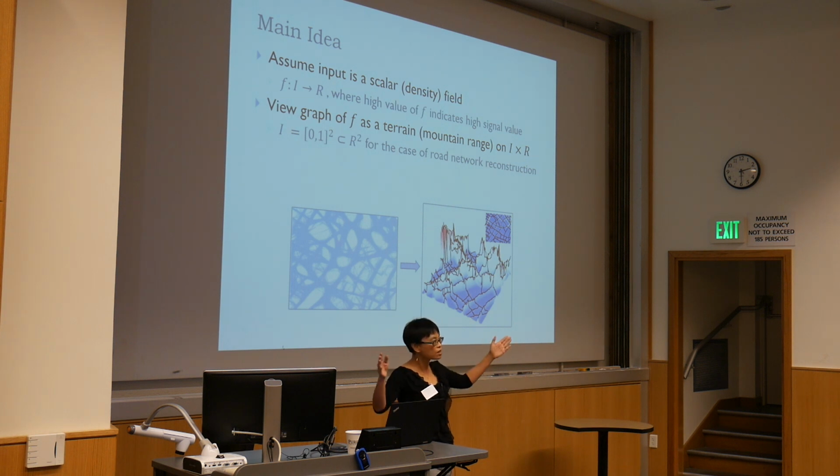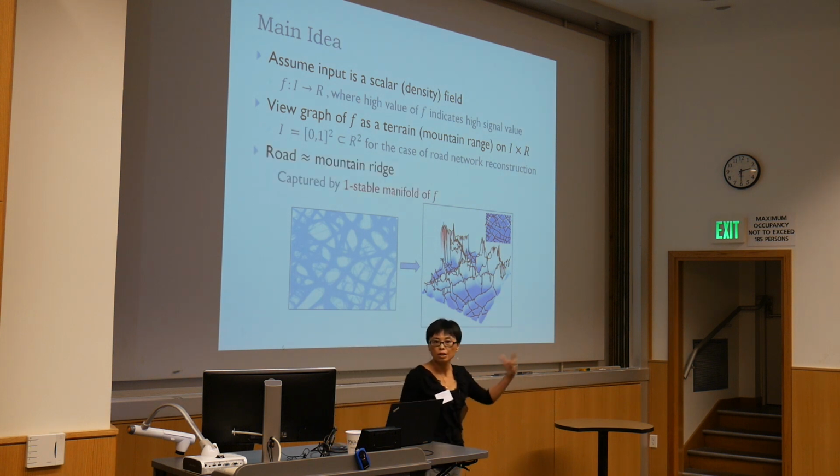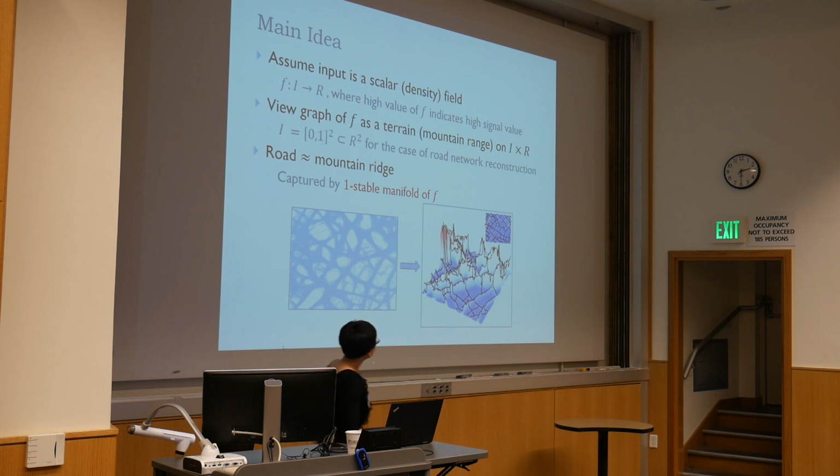So what we're looking at, where the roads are, is like the mountain ridge of this density field. Naturally we say, how about we use the mountain ridge as our roads? And this mountain ridge, we're going to capture using the so-called one stable manifold of this function.